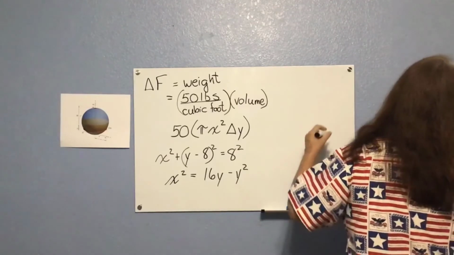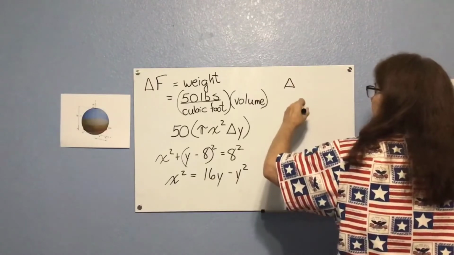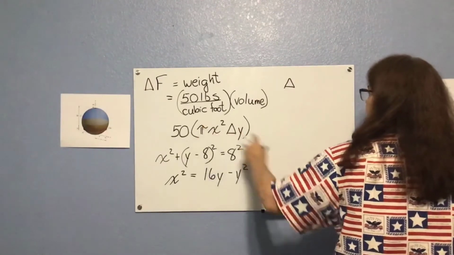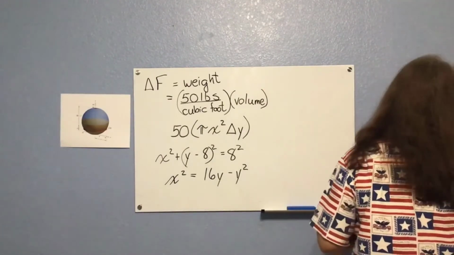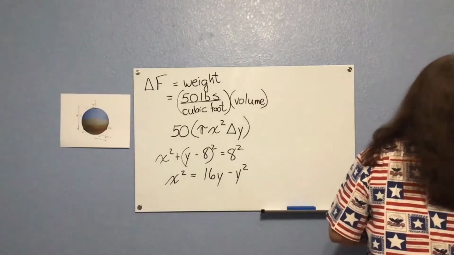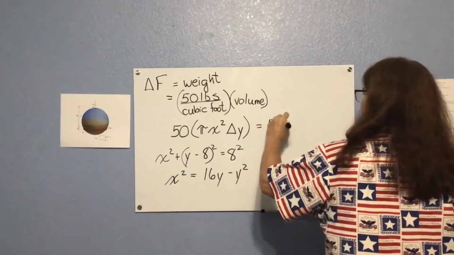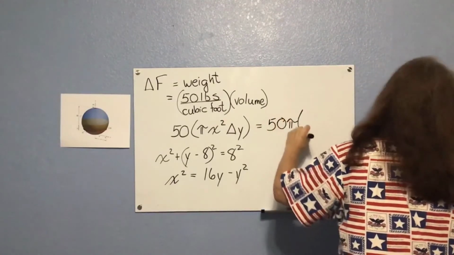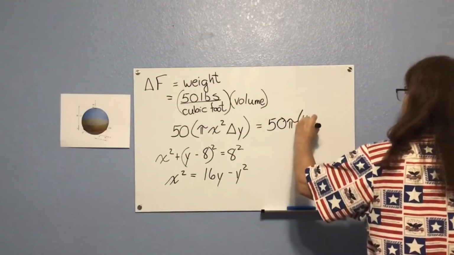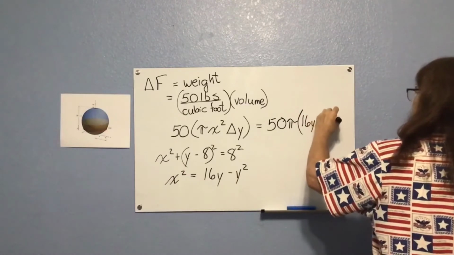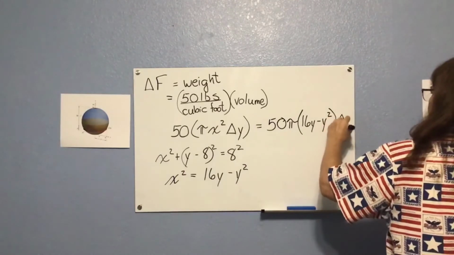So now I can write the force increment. Remember we started with 50 times pi x squared delta y. So now we're going to write 50 pi times 16y minus y squared, replacing that x squared, delta y.